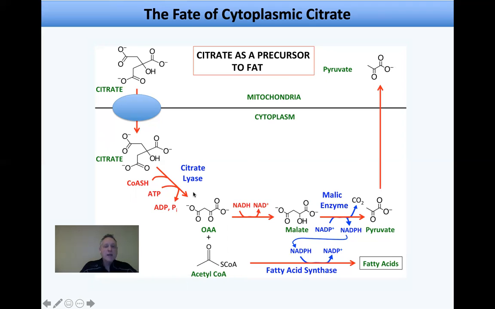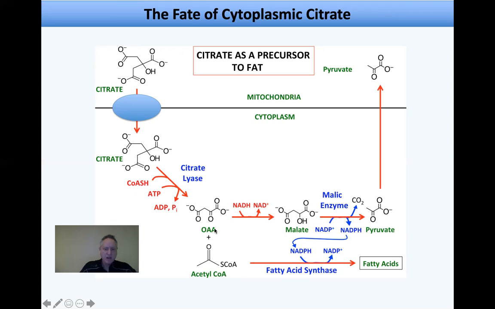Lyases are enzymes that actually split carbon-carbon bonds. And so then we see that the fate of the split citrate is to use acetyl-CoA as a substrate to make fats. So fatty acid synthesis is the opposite of fatty acid oxidation. Well, I'll show you beta oxidation in a moment.